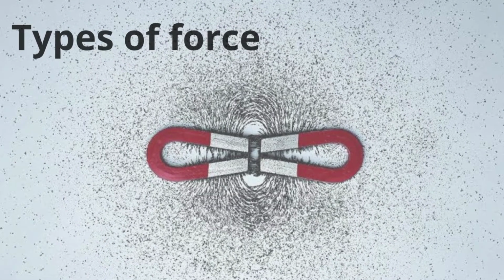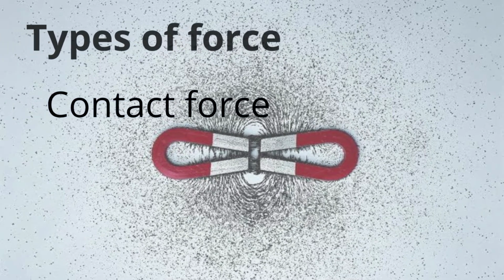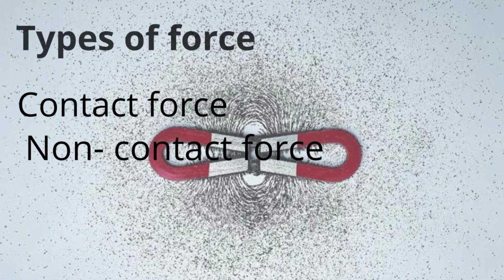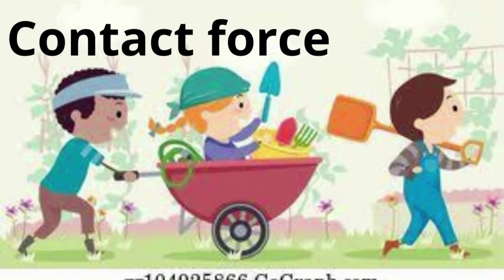Types of force. There are two types of force: the contact force and the non-contact force. So that brings us to explaining contact force. A contact force is any force that requires contact to occur. In other words, a contact force requires physical contact between the force and the object that the force will affect.